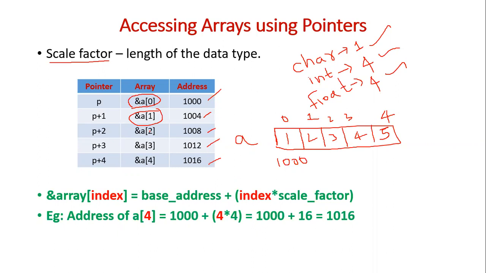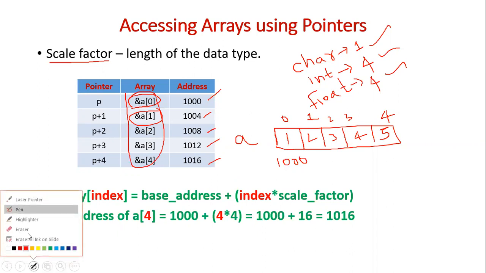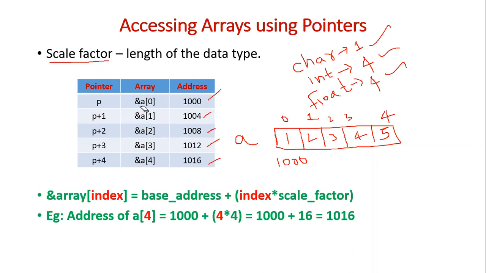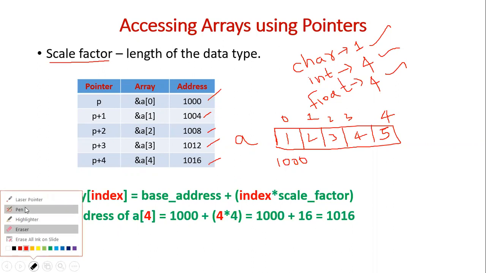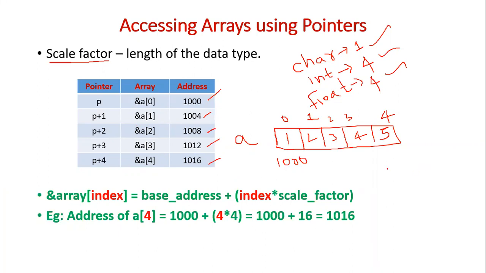So this is one way to access the address, by using just the array name. But there is another way also: by using the pointer variable, you can access the address. In the previous slide, if you recall, we gave the statement p is equal to A. It means p is pointing to the starting address of the array.